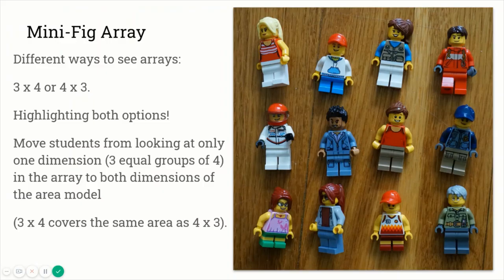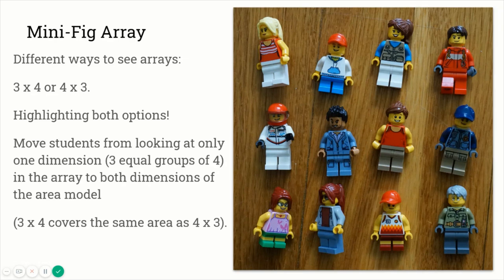I'm going to start with minifigs. This is a minifig array, and there are lots of different ways to see arrays. This particular picture can be shown as 3 by 4 or 4 by 3. It's really important to be able to highlight both options. If students are too rigid in their thinking, or we teach it in a way that it's rows and columns only, then students don't see that turnaround fact of multiplication.